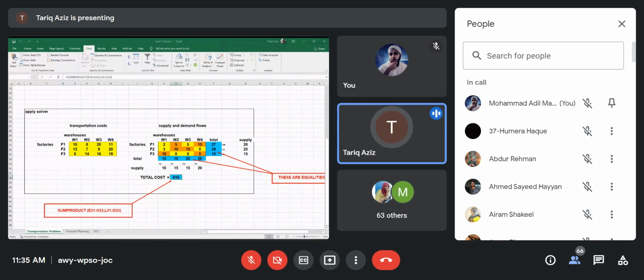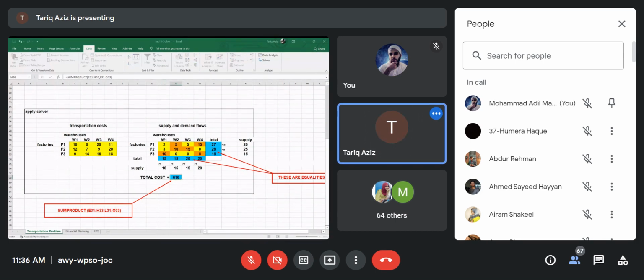Then after selecting this minimization or the min, the next option is, it is asking which values should be changed to arrive at the optimal solution. So we have to fill this matrix which contains the number of units that should be supplied from one factory to another factory. So we have to specify here L31 to O33, which is the matrix.